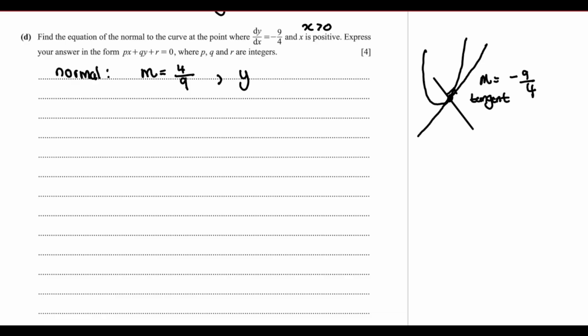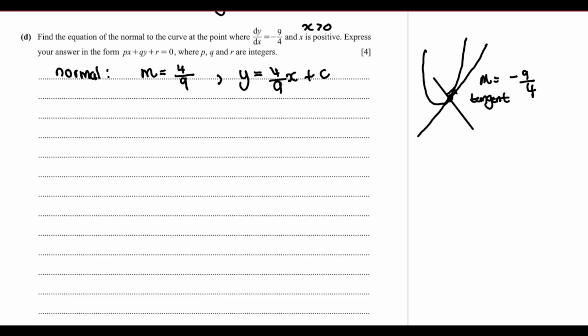So y is 4 over 9 x plus c. Okay, now we are just left with finding c. How can we do that? Let's see. We need a point to substitute in, but we don't have a point of where this normal happens.